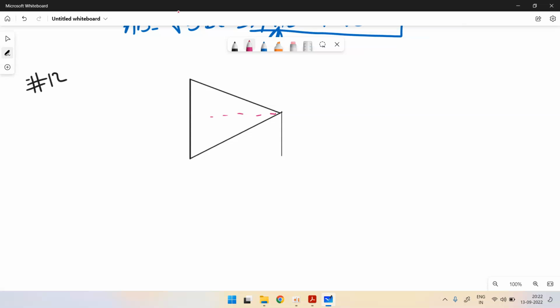Suppose that this is a parallel line, ground, and let's just suppose this is A, B, C, D, and E.